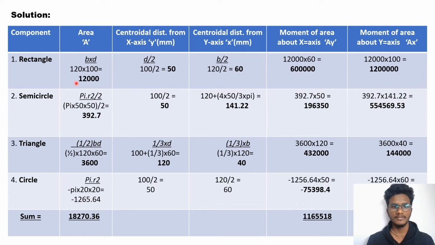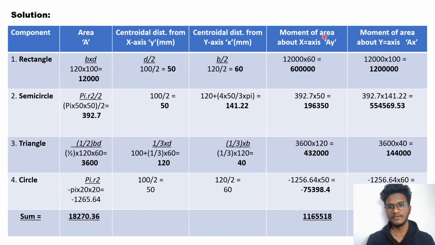Rectangle area is breadth into depth, 120 into 100, that is 12,000 mm squared, and the centroid is depth divided by 2, that is 100 by 2, 50. Similarly, this becomes 60.